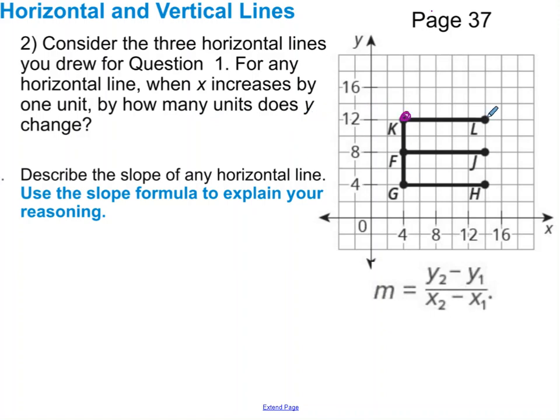If I have K and L, and x was going from 4 to 12, so I can do 4 minus 12, and the y value was 12 minus 12, and that gives me a 0 over a -8. And anything divided by 0 is 0.